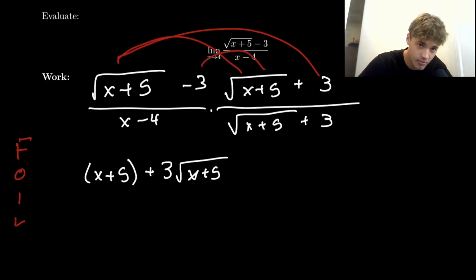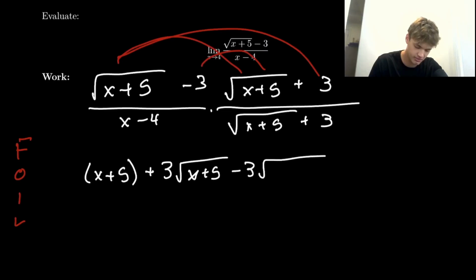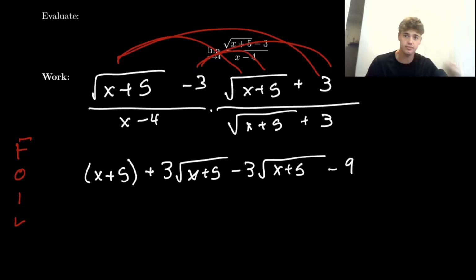Then the inner terms, which is negative 3 square root of x plus 5. And then L stands for last. Negative 3 times 3, which is equal to negative 9.